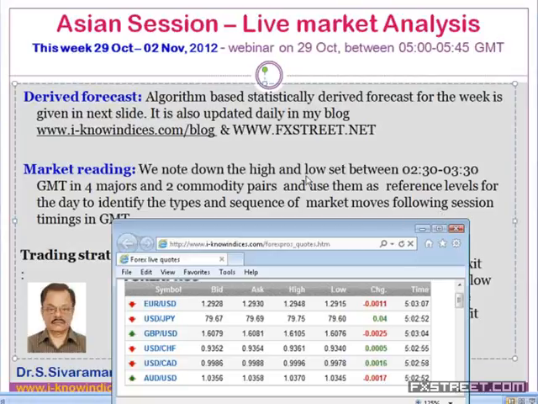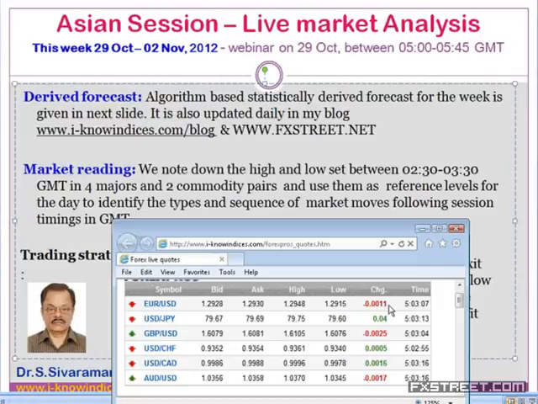And besides, in between, during the mid sessions, you come across the swings happening between the high and the low. Currently you come across the range is very narrow in the case of Euro and GBP and also in other pairs. We try to note down the net change also.